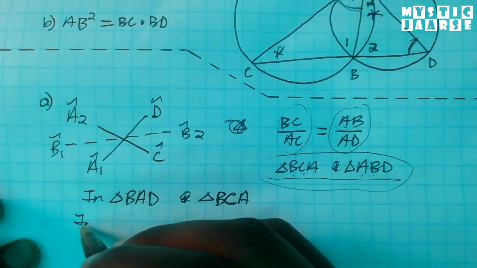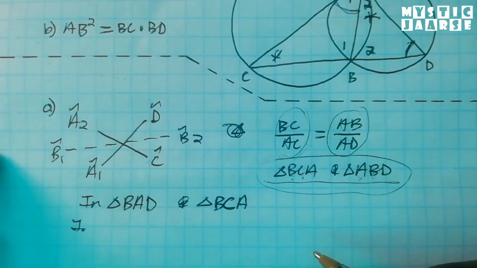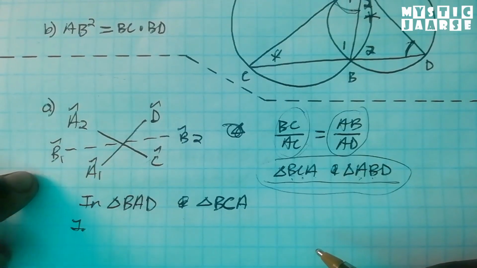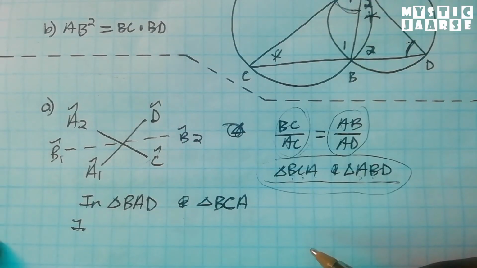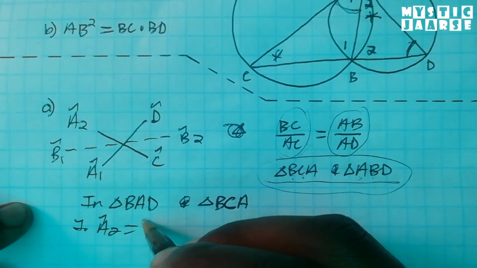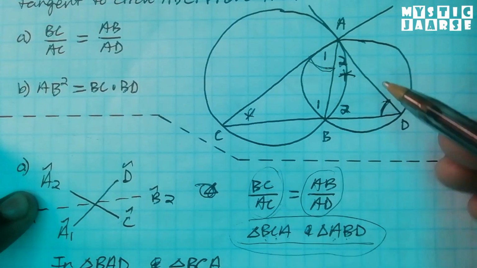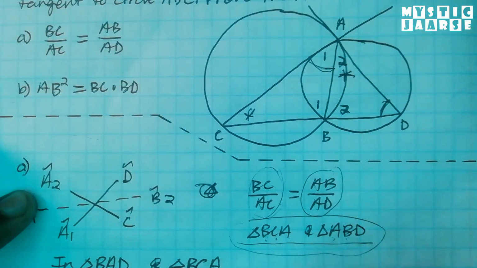Now this is the way we should write this, so the angles are now corresponding, so we can then prove similarity. So things become easy now because we have already made note of which angles are equal to which angles of the other triangle. So we have angle A2 is equal to angle C. We saw that through the tan chord theorem.